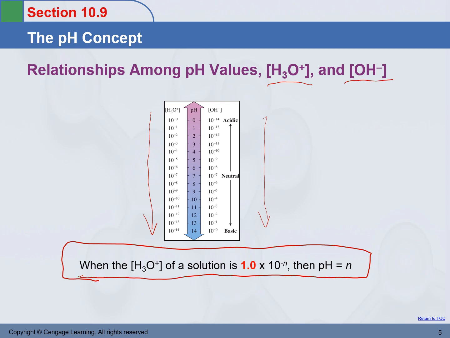So if the hydronium ion concentration is 1.0 or 1.000 times 10 to the power of negative N, if the coefficient is 1, be it 1, 1.0, 1.00, then pH is N. Just the negative N becomes N. That's it.